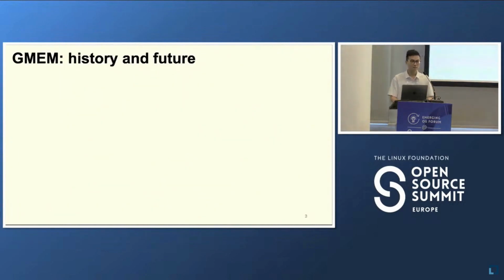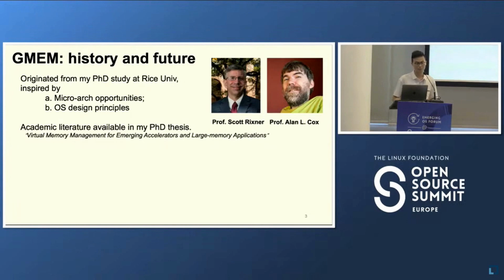Before I introduce GMEM, here's a little bit of history about GMEM and what we're going to do in the future. The original idea of GMEM originated from my PhD study at Rice University, where I worked with both my advisors, Scott Rixner, who is an expert in the microarchitecture field, and Alan Cox, who is a kernel maintainer for the FreeBSD community.